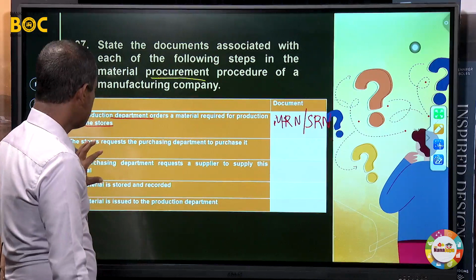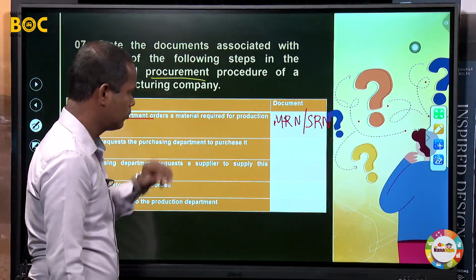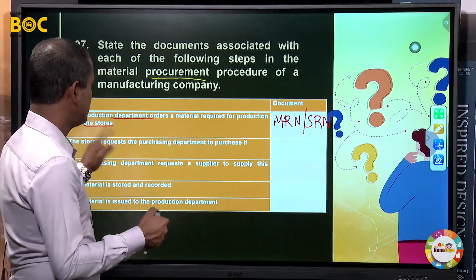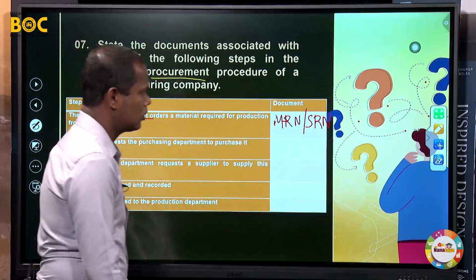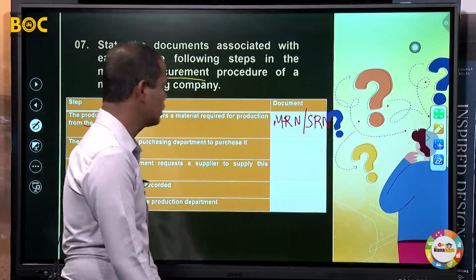In informing the stores, the production department uses a document called the materials requisition note or stores requisition note.